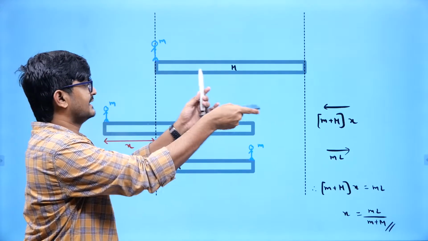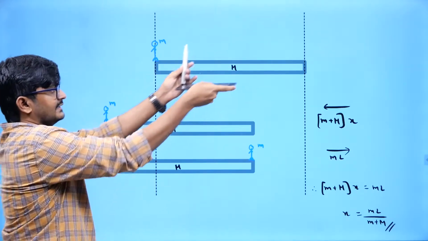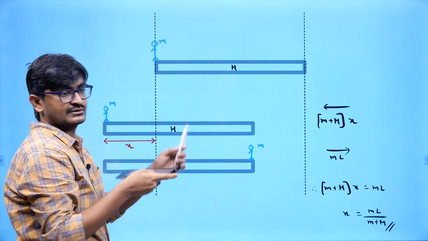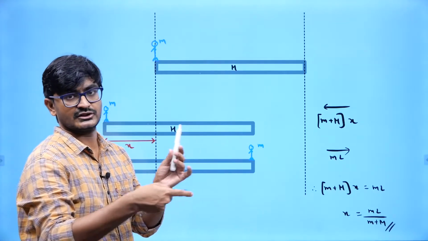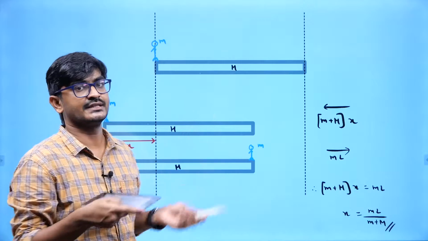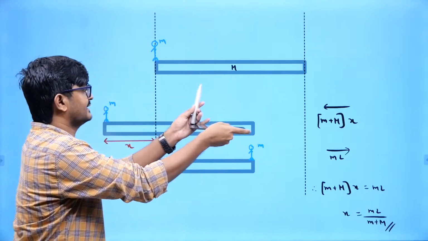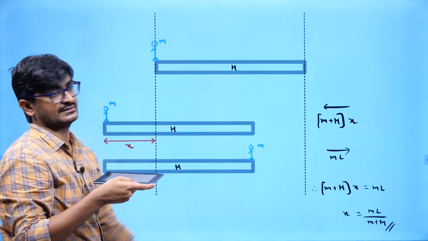I will be assuming this entire thing is going backward by distance x, and the man is moving by distance L. What was actually happening is, when the man was moving, the boat was moving backwards. But when two things are moving, it is difficult for me to concentrate. So I will see it like the entire thing is moving back by distance x and the man is moving forward by distance L.